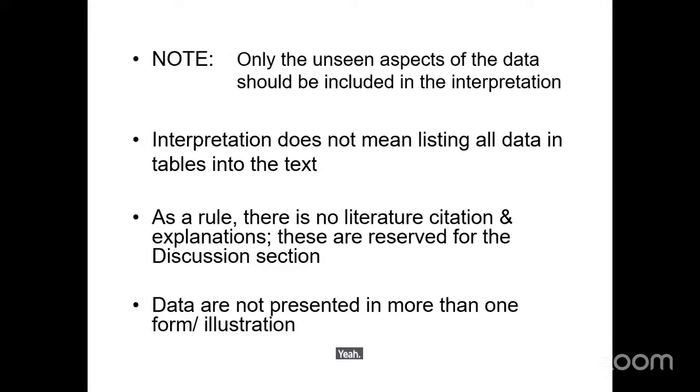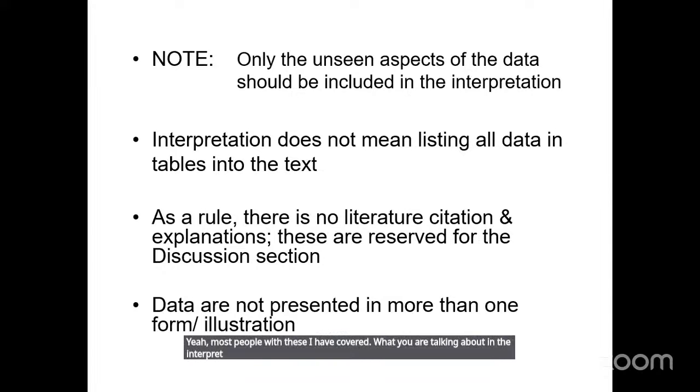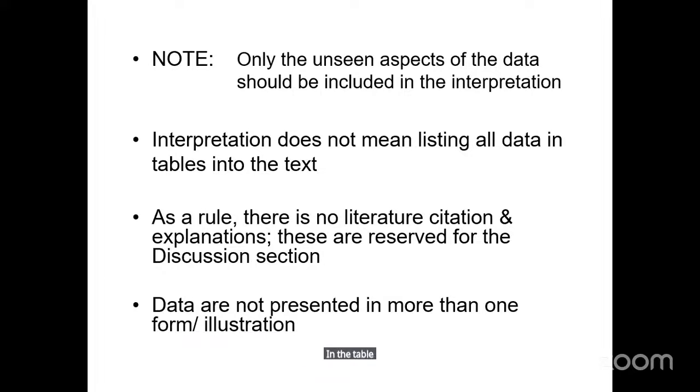Most of these I have covered. What you are talking about in the interpretation is what the reader cannot see in the table or in the figure. And actually, the interpretation is the thread representing the objective through the document. I don't know whether that makes sense to you.